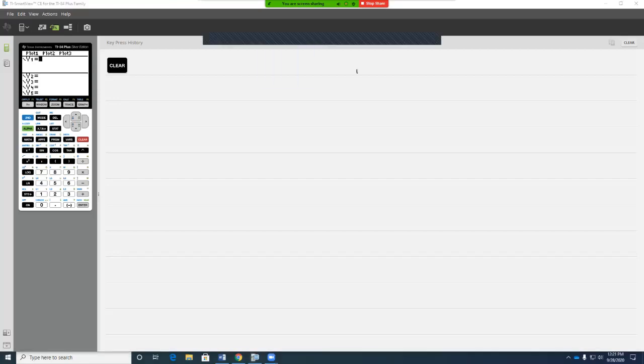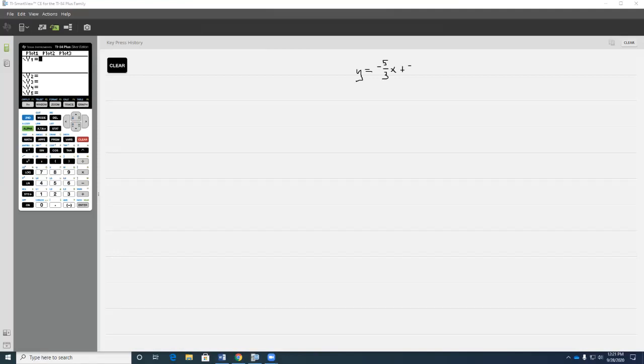Remember, the first problem said y is equal to -5/3 x plus 3. The second one said y is equal to 1/3 x minus 3.